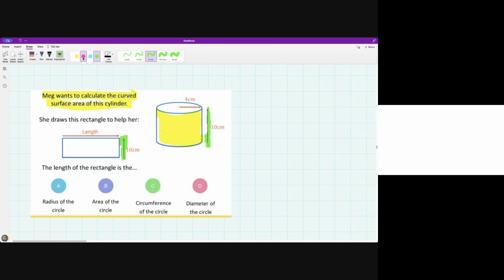Now, what I want to know is what is this length over here of the 4 options here? What is the length of the 4 options that we have here? Is it A? Is it B? Is it C? Is it D?